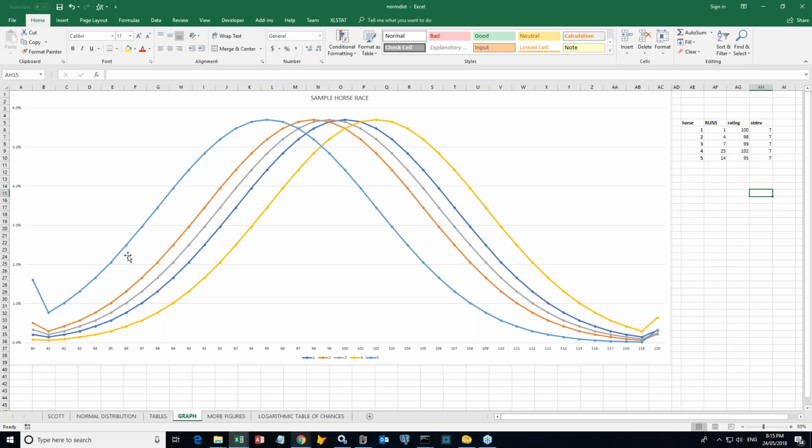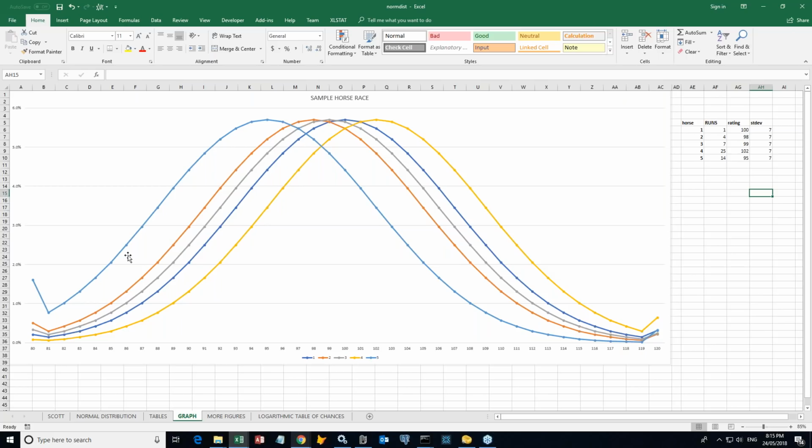So if you look at that gap that exists from horse number 4's mean, the right-hand side of his curve, that gap between him and the blue line, if his performance today falls somewhere in there, then he's likely to win, because a lot of what's to the left of him is the probability of those other horses.